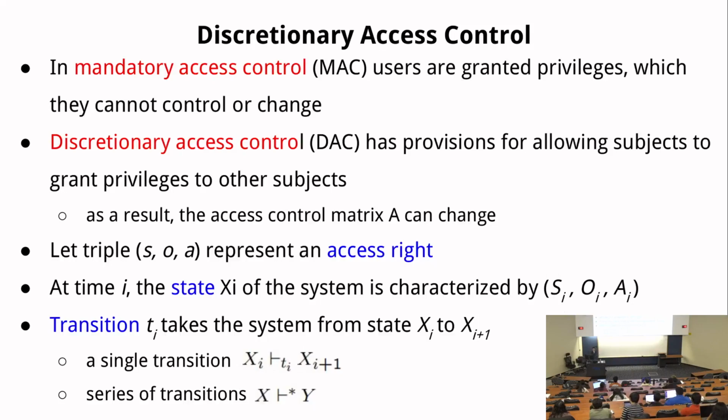Then the system can have many different transitions, maybe adding a user, maybe running a program, maybe different things. Then that transition, what happens on the system, will change the system state from one state, Xi, to a different state. Obviously there could be many transitions, to describe the program running on the system.